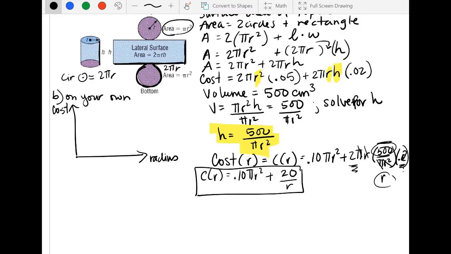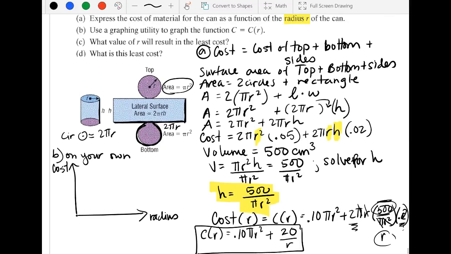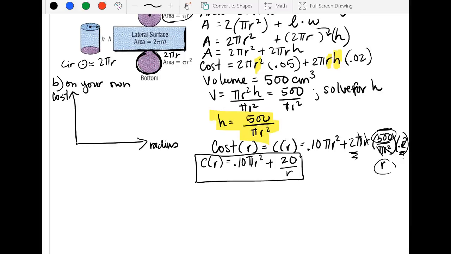The next letter, let's scoot down here a little bit. What value of r will result in the least cost? Once you have it on your calculator, go ahead and try to find the least cost.